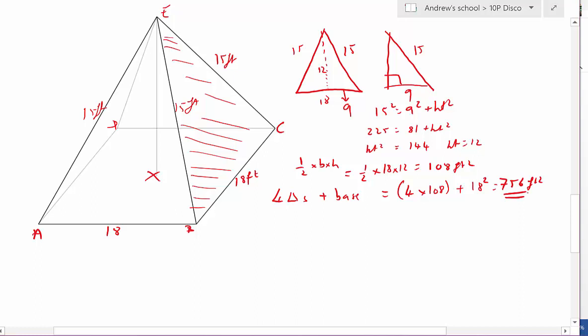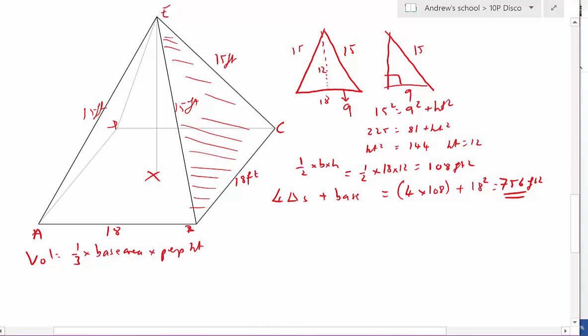The second part of the question was to determine the volume of the whole shelter, and the volume is 1/3 times the base area times the perpendicular height. Well, we know the base area, that's just 18 squared.